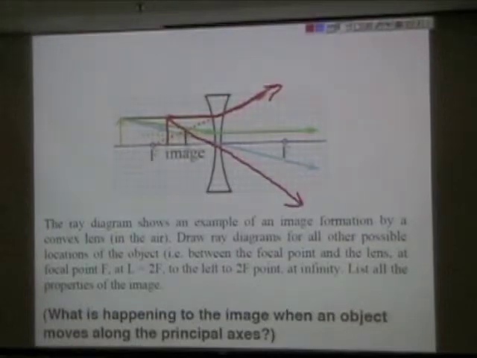So that's going to be the image. The image is again in the same region between the lens and the focal point. Again, it's upright, and again, it's smaller than the object. So this is the only situation for a divergent lens. It cannot form an image larger than the object.